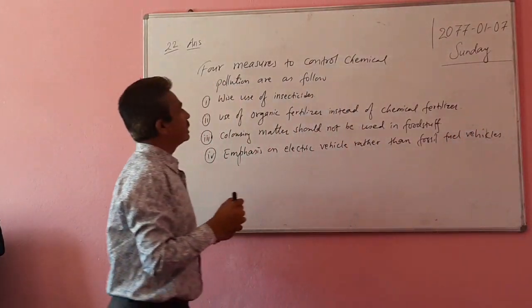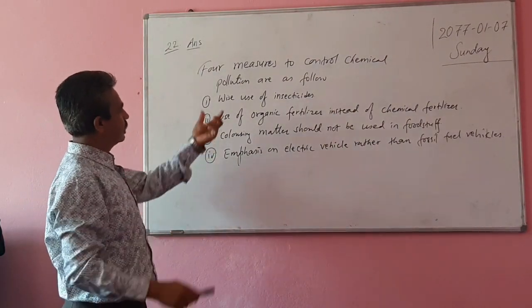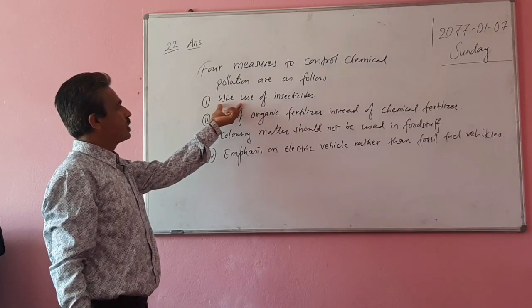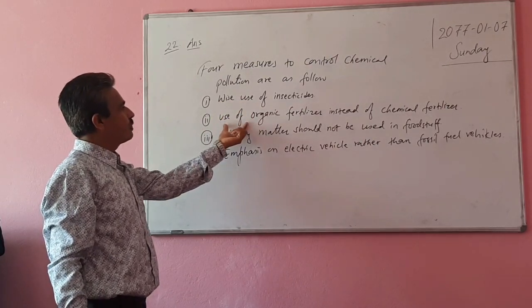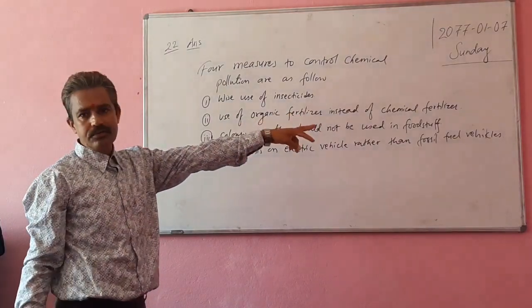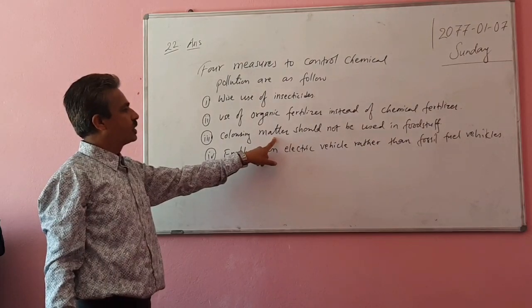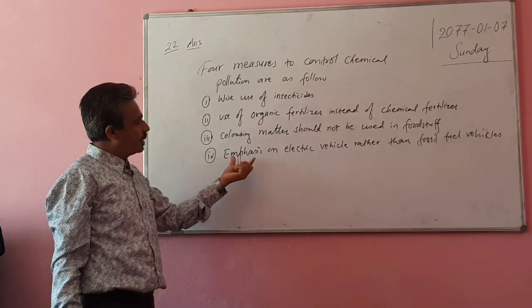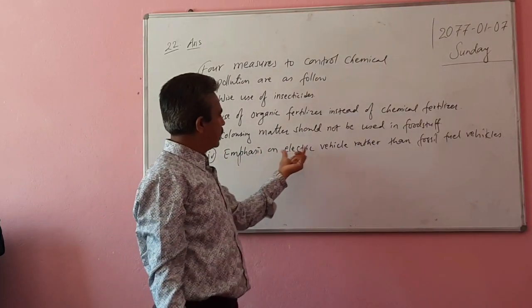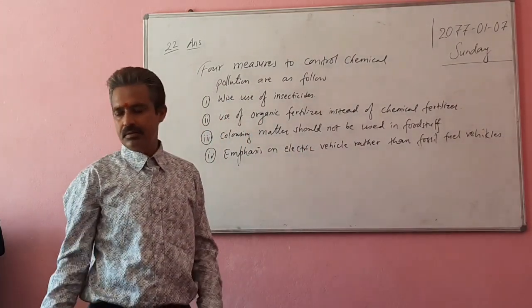Alright students, so what did I write here? 4 measures to control chemical pollution. What are they? Wise use of insecticides, use of organic fertilizer instead of chemical fertilizer or inorganic fertilizer, coloring matter should not be used in foodstuff, and emphasis on electric vehicle rather than fossil fuel vehicle.